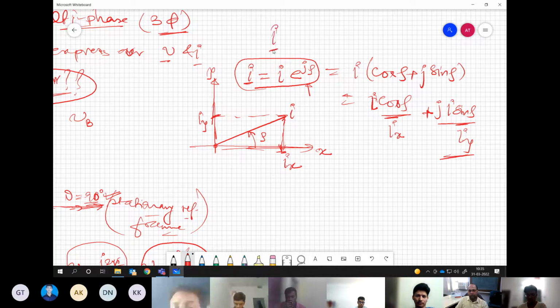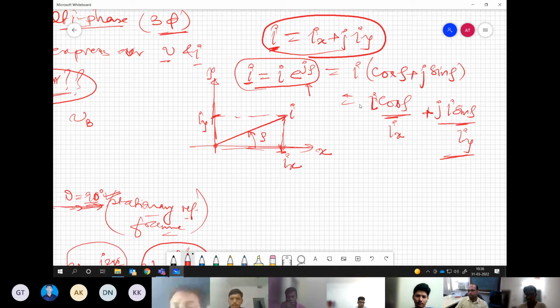So I can write this vector I as Ix plus jIy. The underline means that the quantity is a vector. So this is how we represent the vector in our course here.